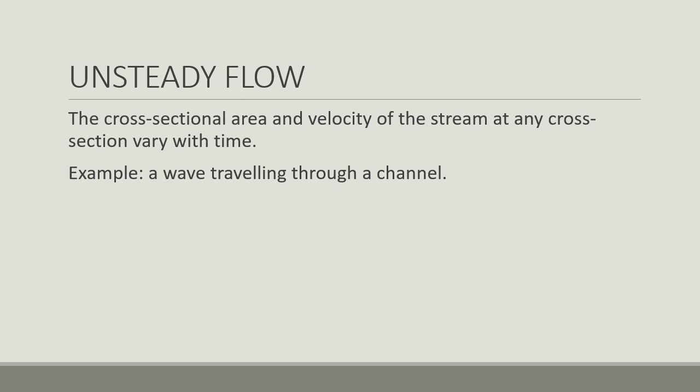Now, in unsteady flow, the cross-sectional area and velocity of the stream at any cross section will vary with time. Example, a wave traveling through a channel, something like this. Let me draw the even pipe we had in steady flow.